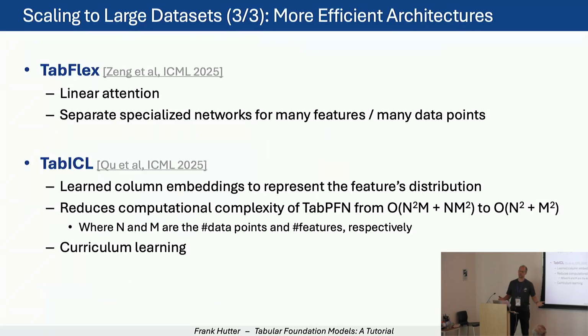And of course, we can also look at more efficient architectures. We don't need to use the transformers with standard quadratic runtime, so it's quadratic in the context length. And what TabFlex did is use some linear attention. They also had separate specialized networks for many features, for many data points.